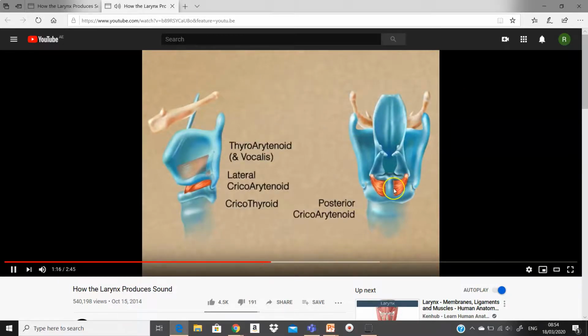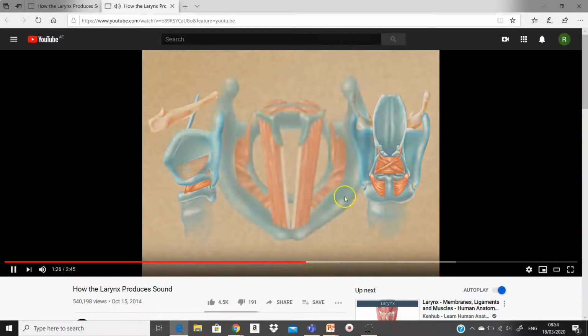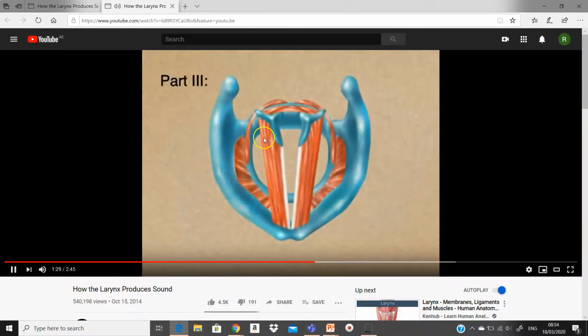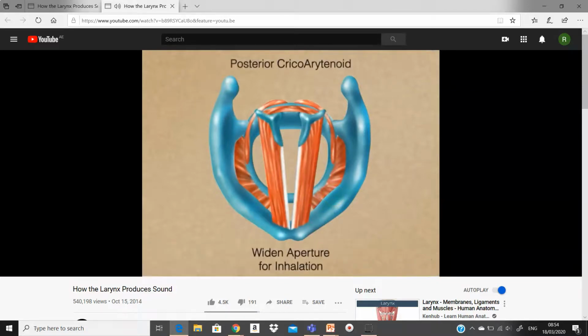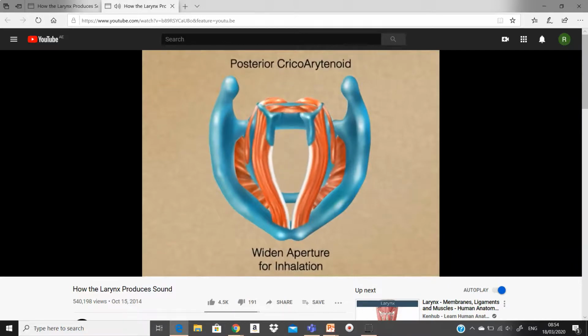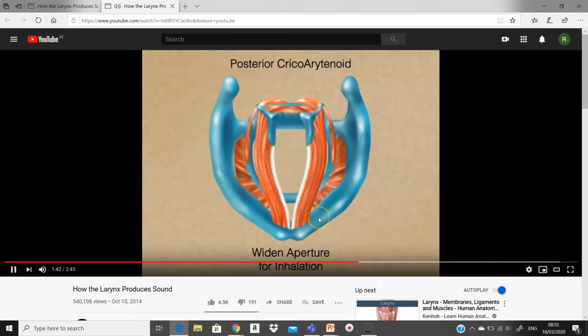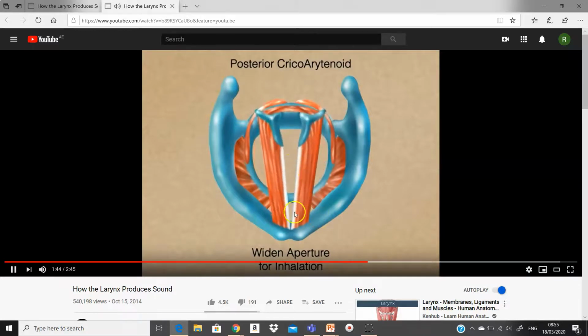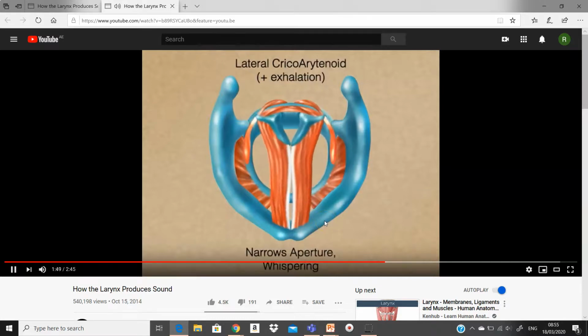Now, these are the vocal cords. Again, these are the vocal cords. So this is how they vibrate according to the air coming from the lungs.